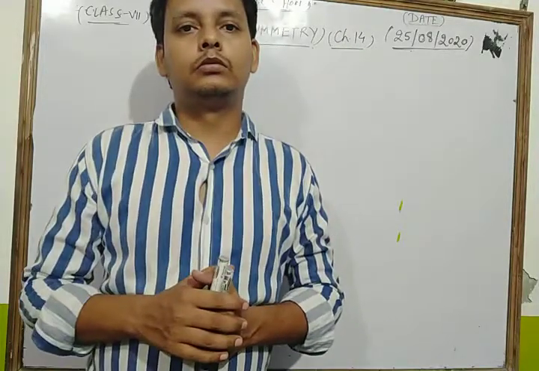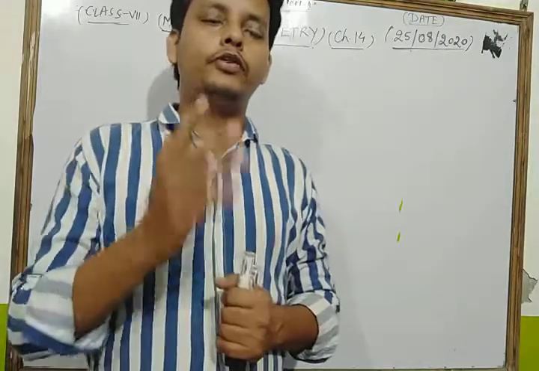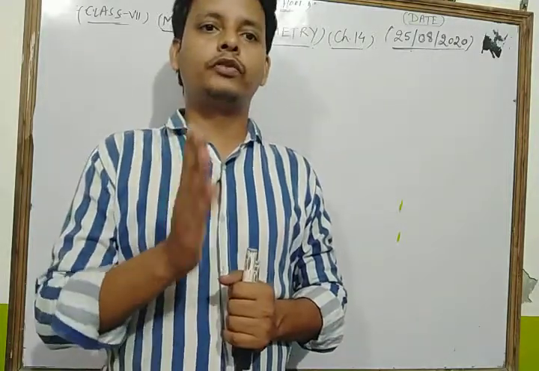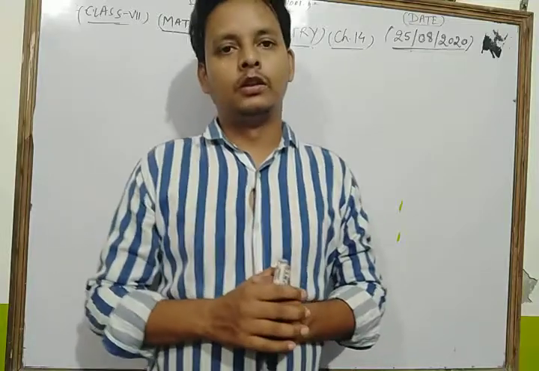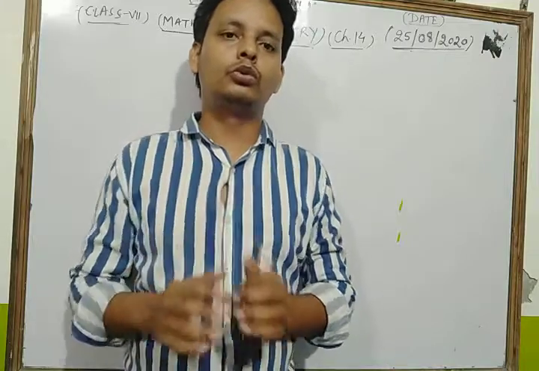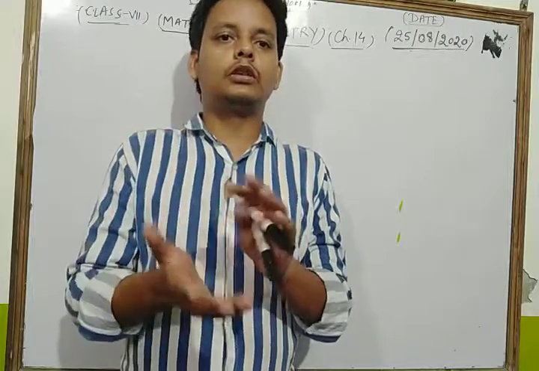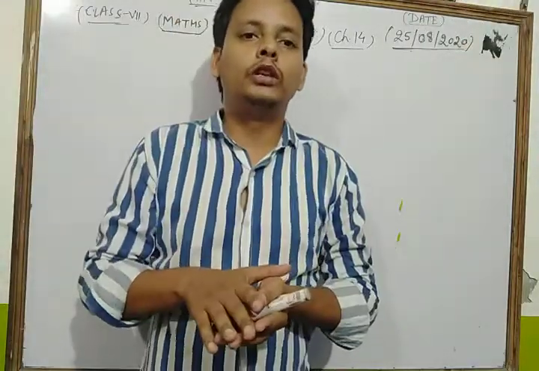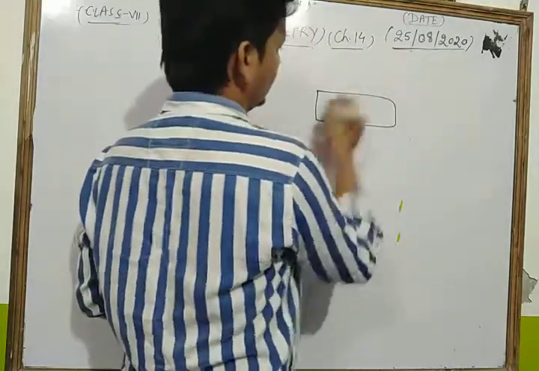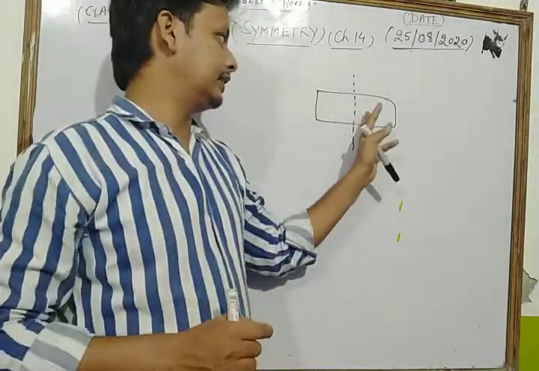Suppose we have any shape or figure, and we divide the figure in such a way that it has two equal parts, and if we place one upon the other, it wholly covers the other.